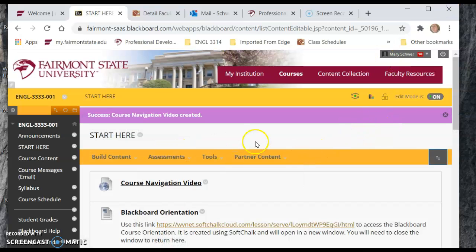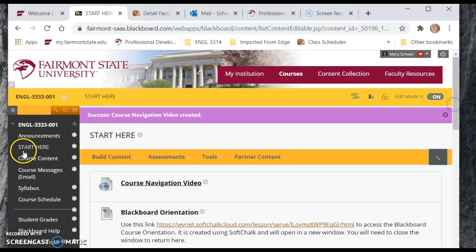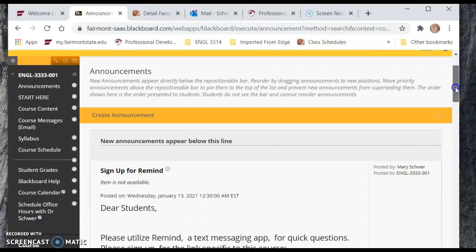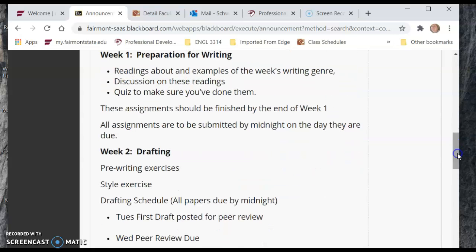Let's return now to the question of the timing of assignments. And so, again, as I've mentioned before, this class is unusual in that instead of week-long modules, the modules are every 2 weeks.